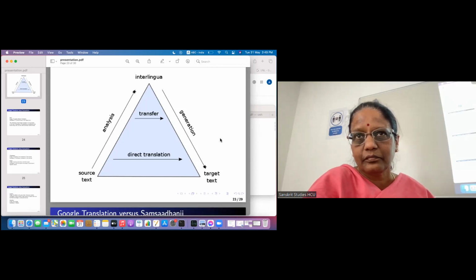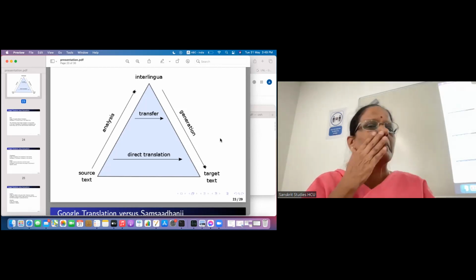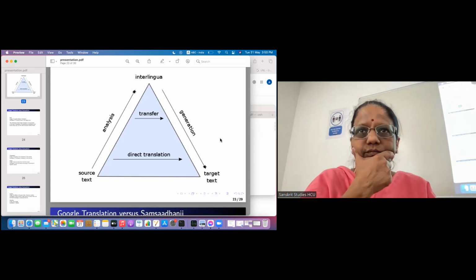This is sometimes called the pivot language. The UNL effort was in this direction, but it was rather naive. It involved a few people, and this died.